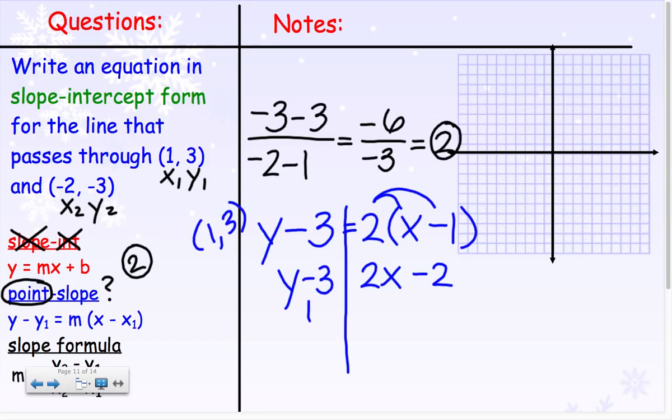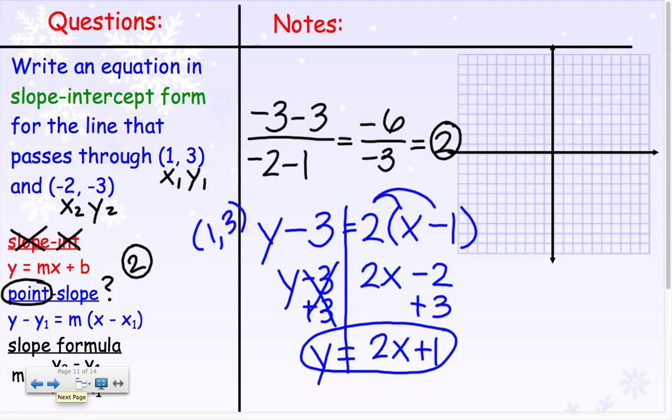Bring down the y minus 3 and add 3 to both sides. I end up with y equals 2x plus 1. Now we've got our slope-intercept equation, so I can graph it. Put your first dot on positive 1, then you're going to rise 2, run 1, rise 2, run 1. Again, I did my 4 steps: slope, point-slope form, slope-intercept form, graph.